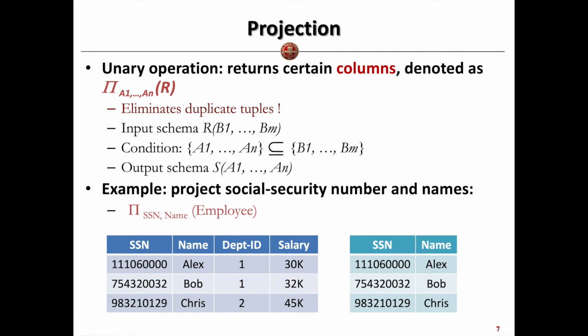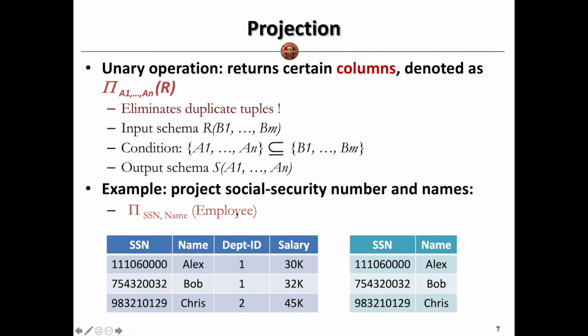If so, we can represent this operation by projection, this pi with SSN and name denoting the target attributes we plan to get as the subscript. So pi subscript SSN, comma, name, there are 2 attributes we plan to get, and we are working on the employee relation, right?